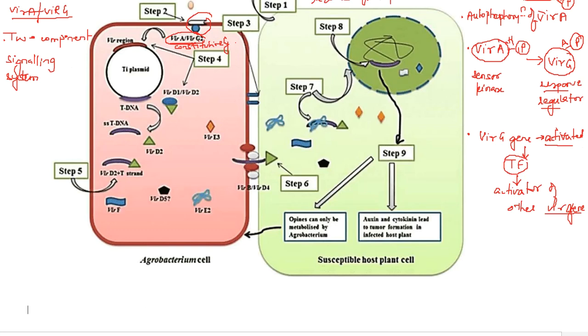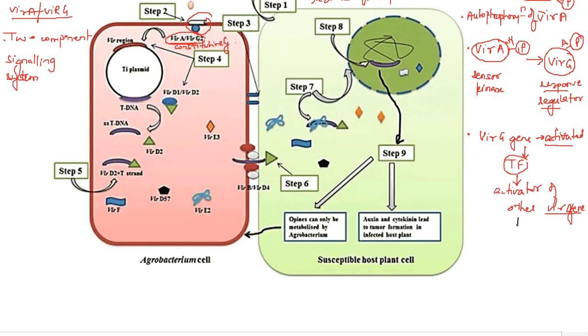After that, what will happen once vir G is activated? The second step is that this transcription factor goes and binds to the promoter of other vir operons. It will activate the other vir genes.